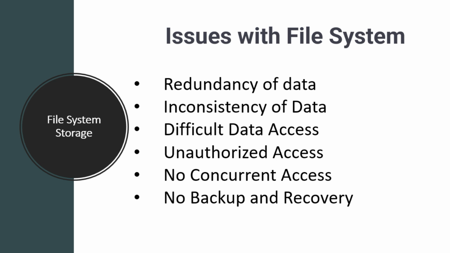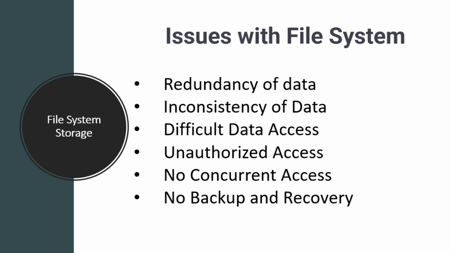Unauthorized access. File system may lead to unauthorized access to the data. If a student gets access to a file having his marks, he can change it in an unauthorized way. No concurrent access. The access of the same data by multiple users at the same time is known as concurrency.